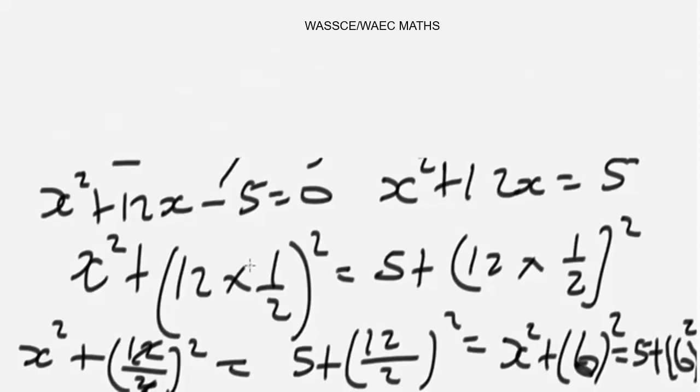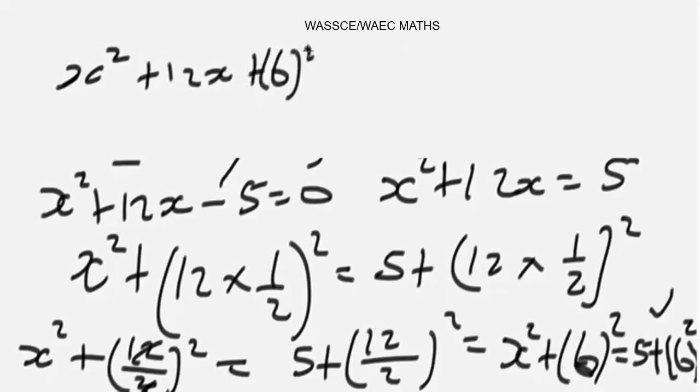At this juncture, we simplify what we have on the right side. So now we have x squared plus 12x plus 6 squared equals 5 plus 36, since 6 squared is 36.